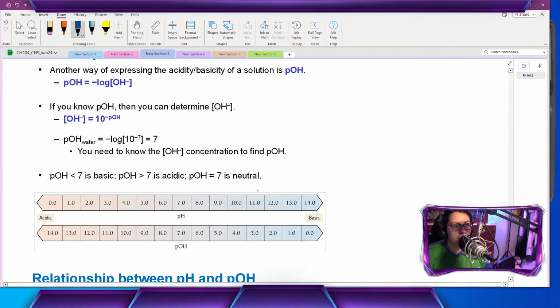And now we also note that their scales are completely backwards. So pH, we said the most acidic was 0, and then 14 was basic. pOH, complete opposite. So that means 14 is acidic and 0 would be basic.